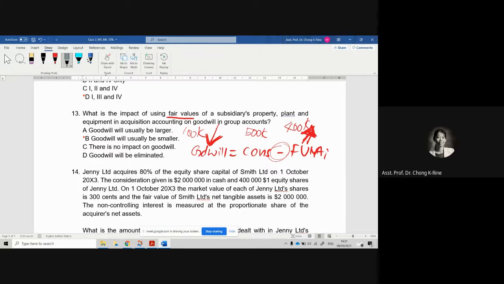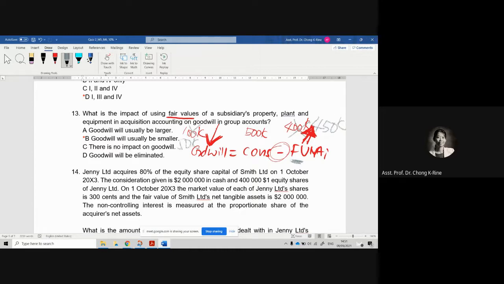So our fair value of identifiable net assets will be increased from 400,000 to 450,000, correct? I still use 500,000 to buy it, and therefore my goodwill will drop. 500 minus 450 is equal to 50, correct or not?